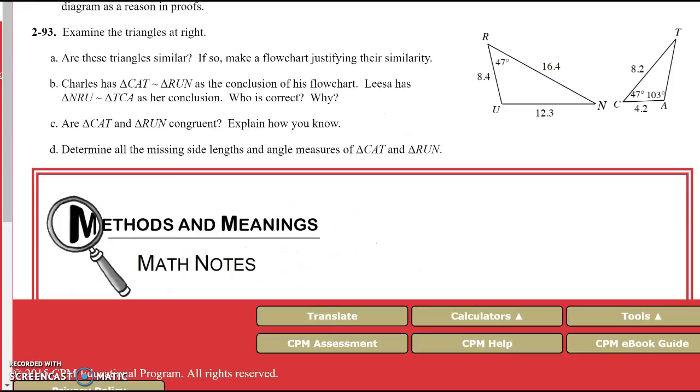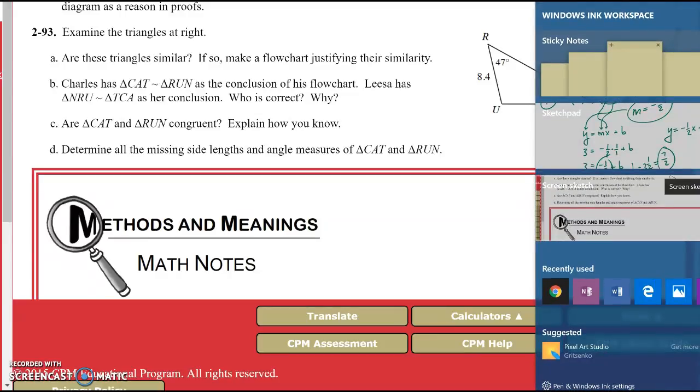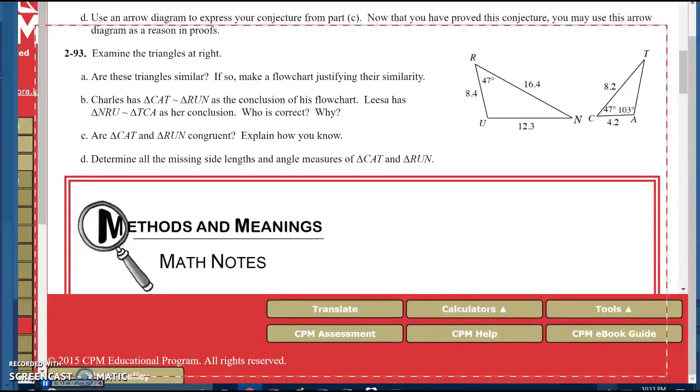The problem I want you to throw in your notes here is number 93. Examine the triangles at the right here, and then I want you to answer questions A, B, C, and D. It says, are the triangles similar? If I reflect this over, I'm sorry, not a reflection. We'll have to rotate it and then move it over. It looks like CA will correspond with RU, and then TA will correspond with UN, and then CT right here with RN.